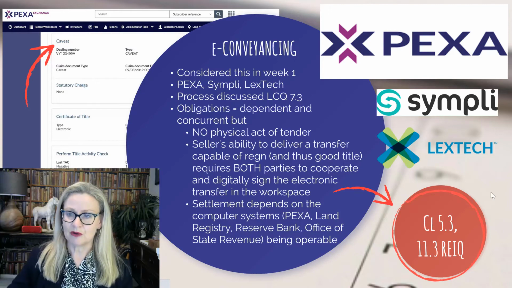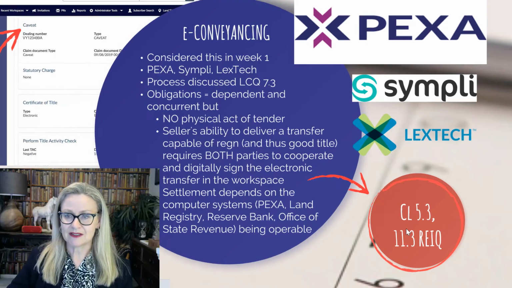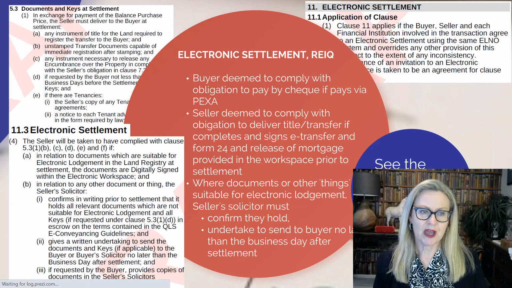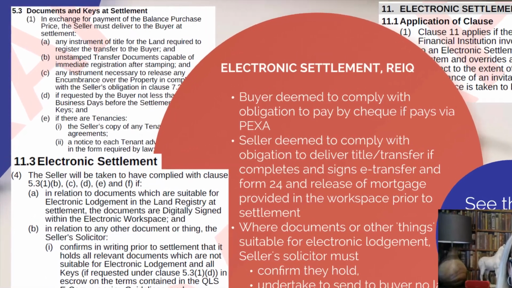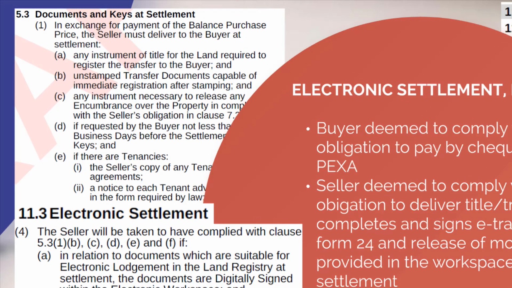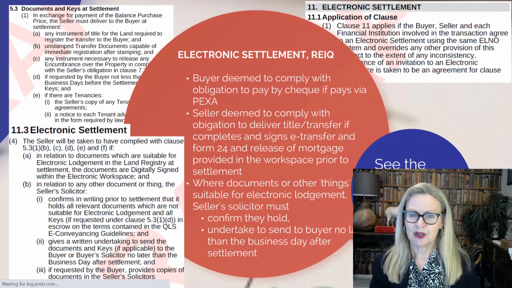In terms of electronic conveyancing, clause 5.3 and also clause 11 are operative here. 5.3 is the clause that we were just talking about, the main clause that deals with the parties' obligations at settlement and what has to be handed over.